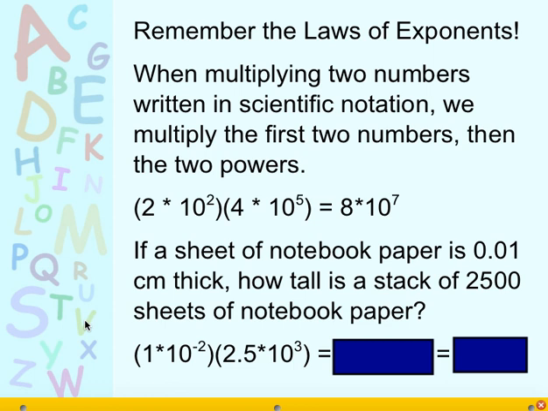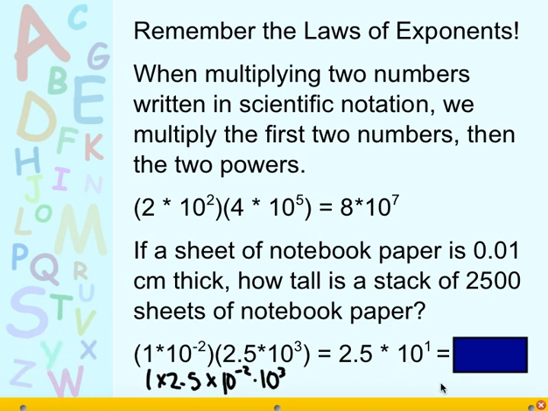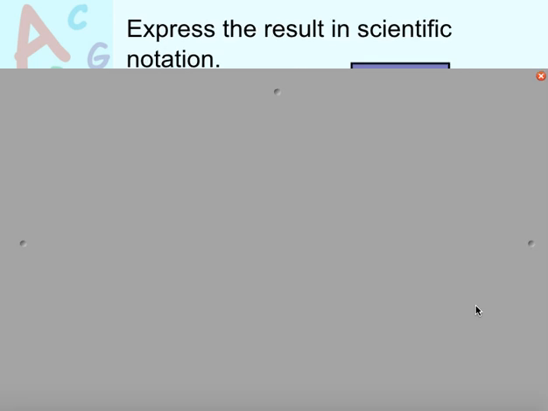And so we can multiply 1 times 2.5 and then multiply 10 to the negative second times 10 to the third. And we end up getting 2.5 times 10 to the first. But if we're talking about this logically, we would probably rather just say 25 centimeters. That's a lot easier to understand.